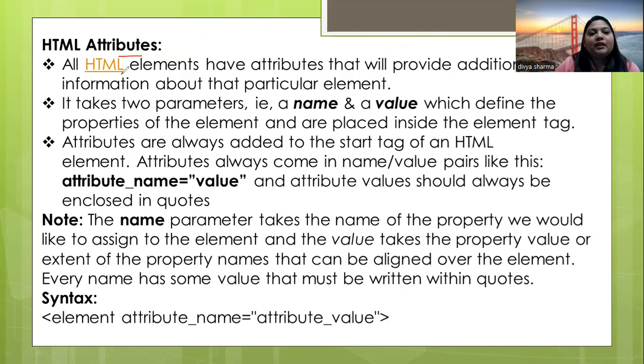See, all HTML elements have attributes that provide additional information about that particular element. Suppose you have an element, say a paragraph, and about the paragraph you want to give some additional information, like the font size of the content written between the opening and closing tag.